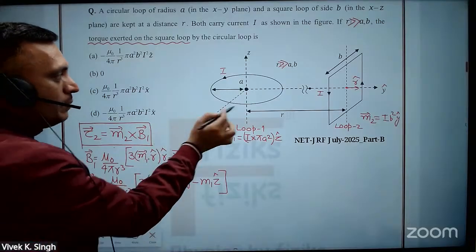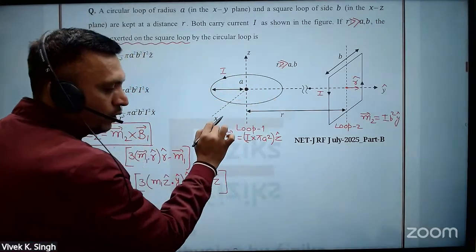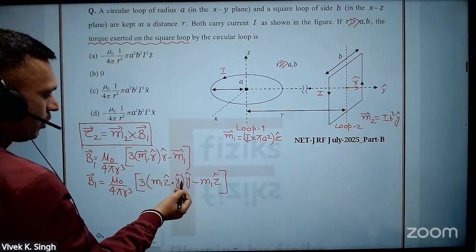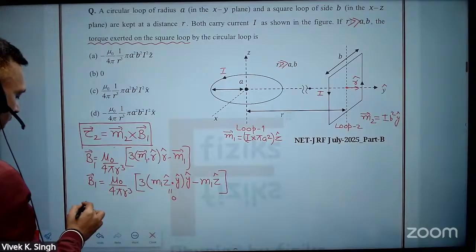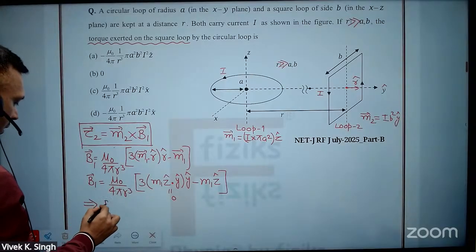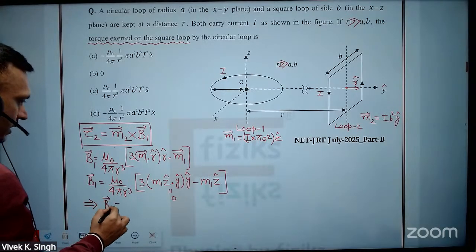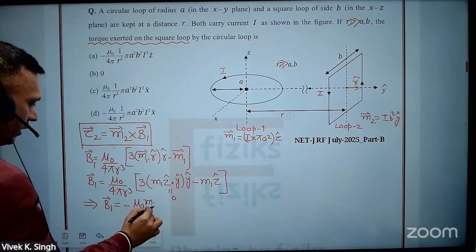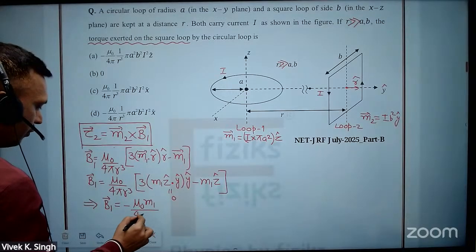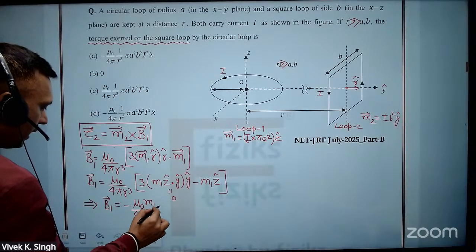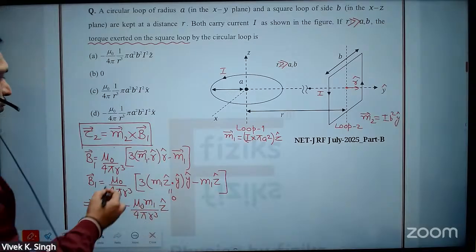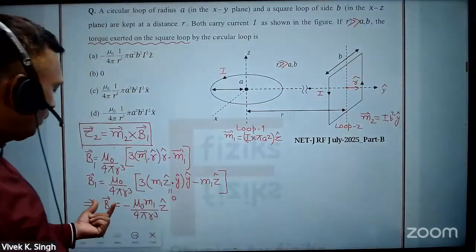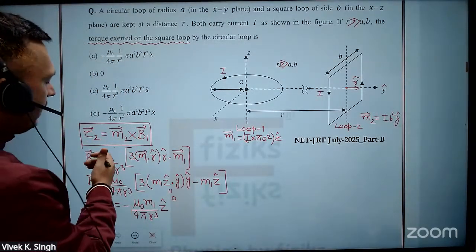So I'm calculating the magnetic field due to this circular loop at this particular point. Because z dot y is 0, B1 magnetic field is given by minus mu naught M1 by 4 pi r cube, direction is z cap. So you know M2, you know B1, then you should find the torque.